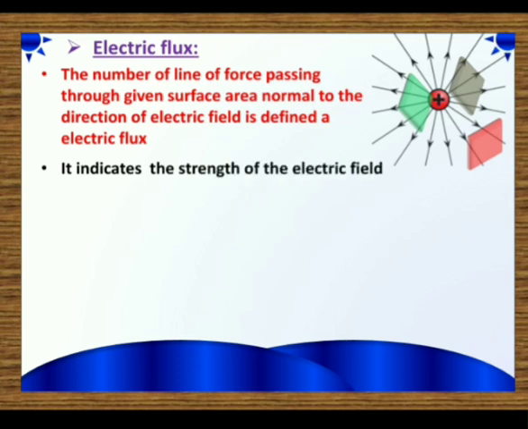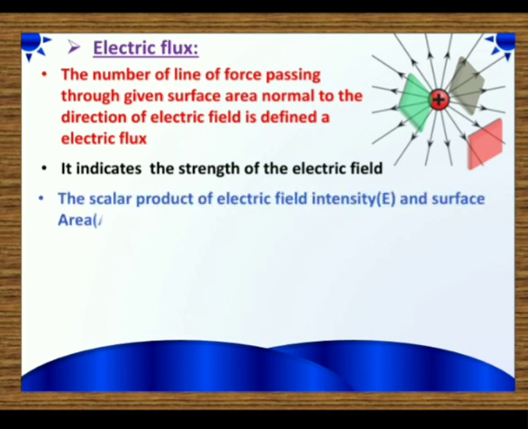That means how many lines of force pass through the given area is indicated by electric flux. Generally, electric flux indicates the strength of the electric field or the force acting on the charge. Basically, electric flux is defined as the scalar product of electric field intensity and the surface area normal to the direction.